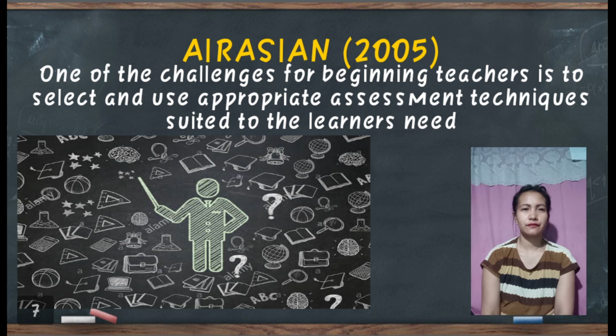Airasian 2005. One of the challenges for beginning teachers is to select and use appropriate assessment techniques suited to the learner's need. During teaching, teachers not only have to communicate the information they planned, but also continuously monitor student learning and motivation in order to determine whether modifications have to be made.